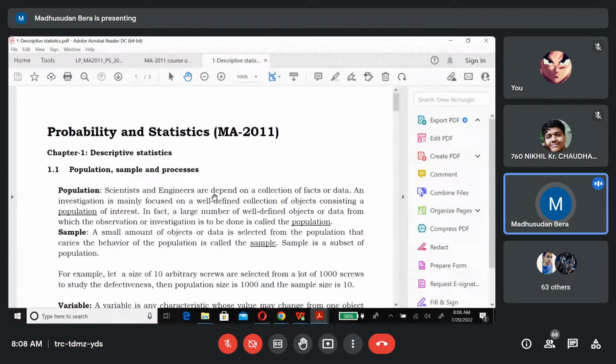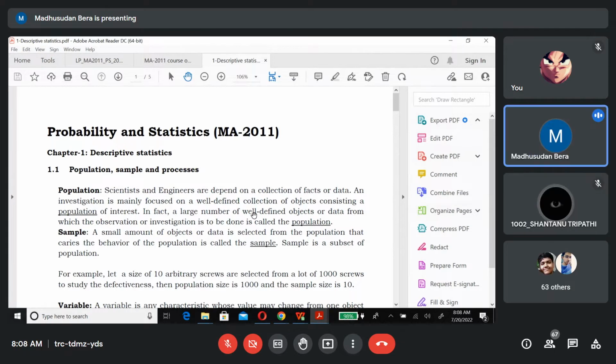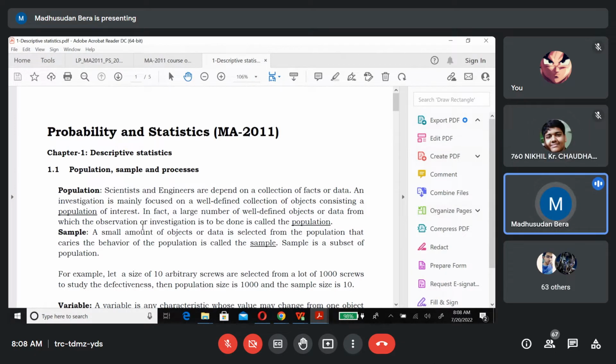Science and engineering depend on the collection of facts or data, mainly focused on a well-defined collection of objects. A large number of well-defined objects or data from which observation or investigation is to be done is called the population.